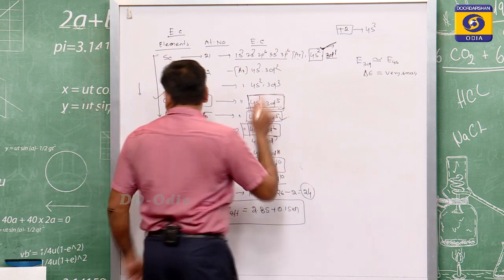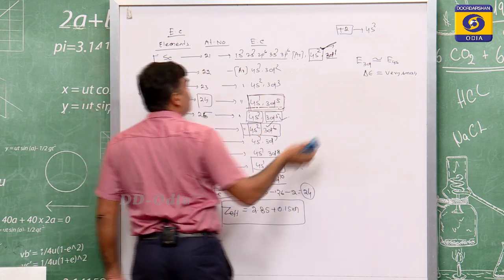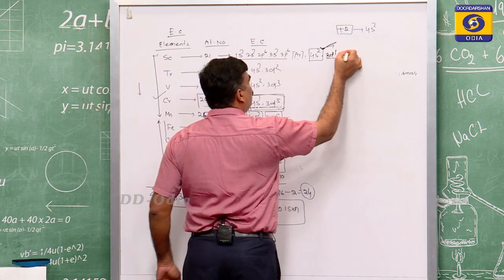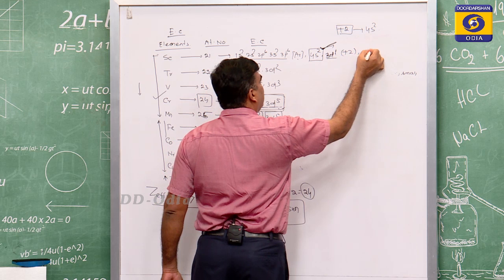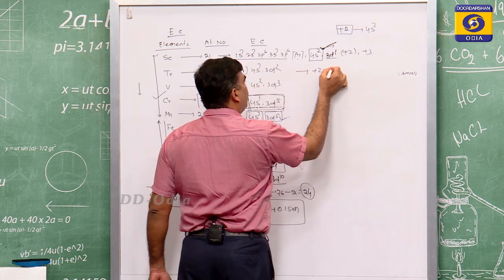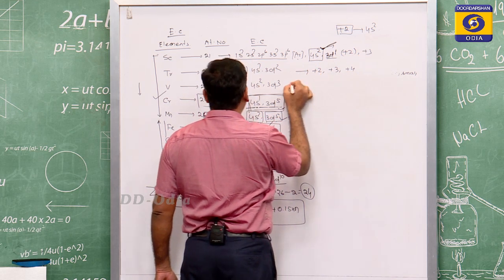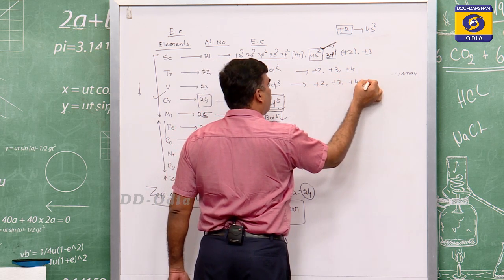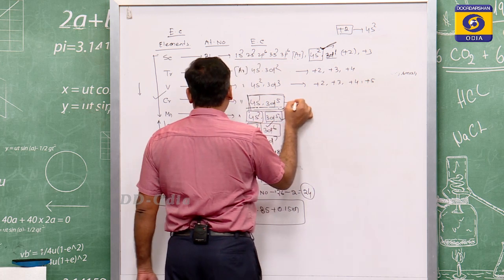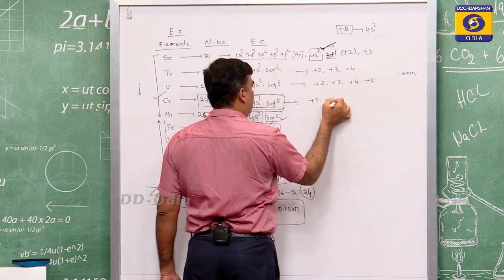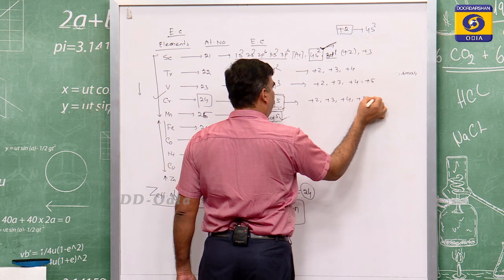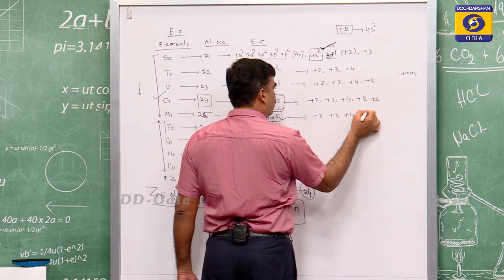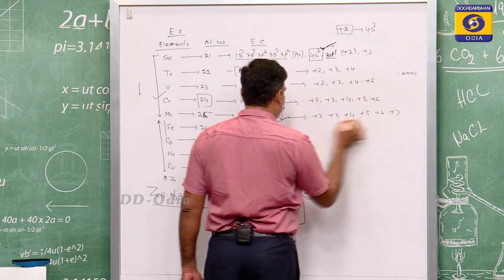Let me write down here the different oxidation states shown by these elements. Scandium shows +2 and +3, titanium +2, +3, +4, vanadium +2, +3, +4, just increasing one by one. Then chromium +2, +3, +4, +5 and +6, manganese +2 up to +7.